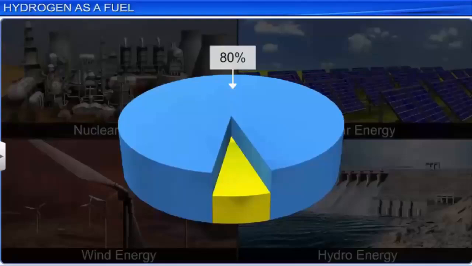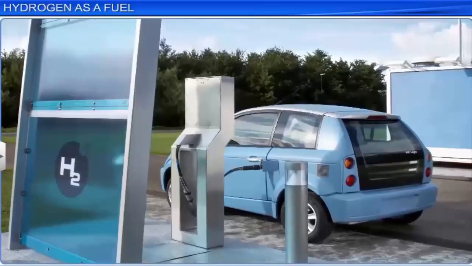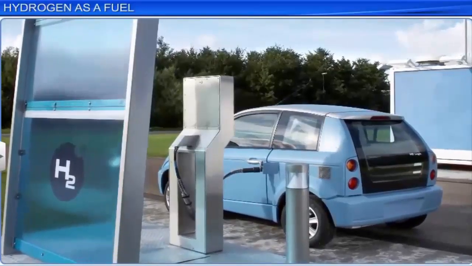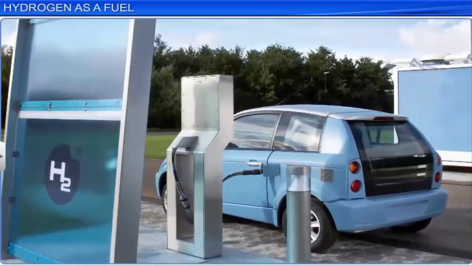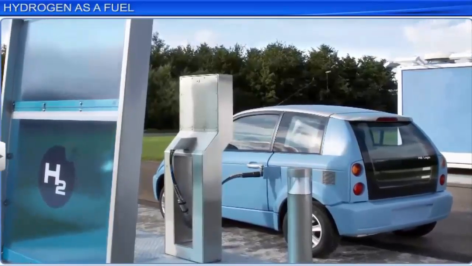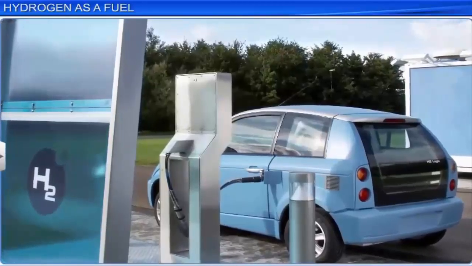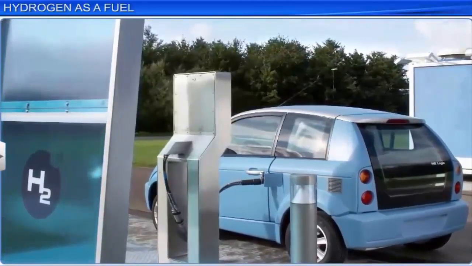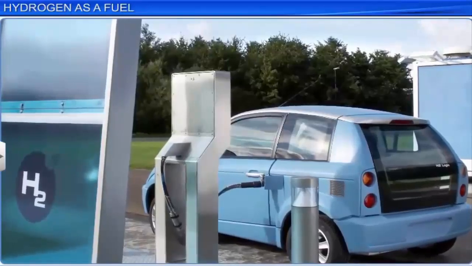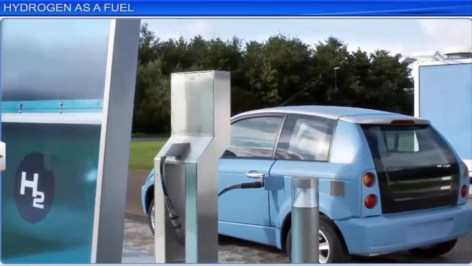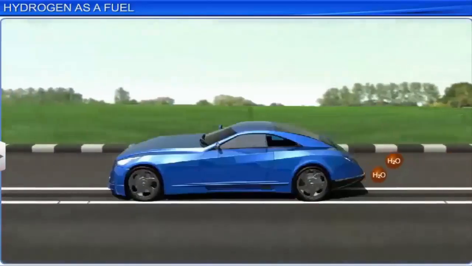One of the most promising alternatives they are currently studying is the use of hydrogen as a fuel. Hydrogen has many advantages over all other options. For example, it is abundantly available. Its combustion product being water, it is pollution-free.